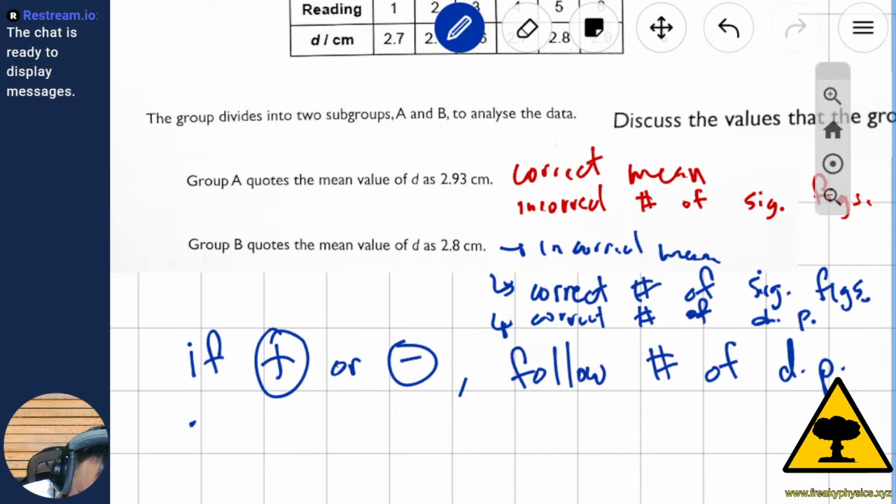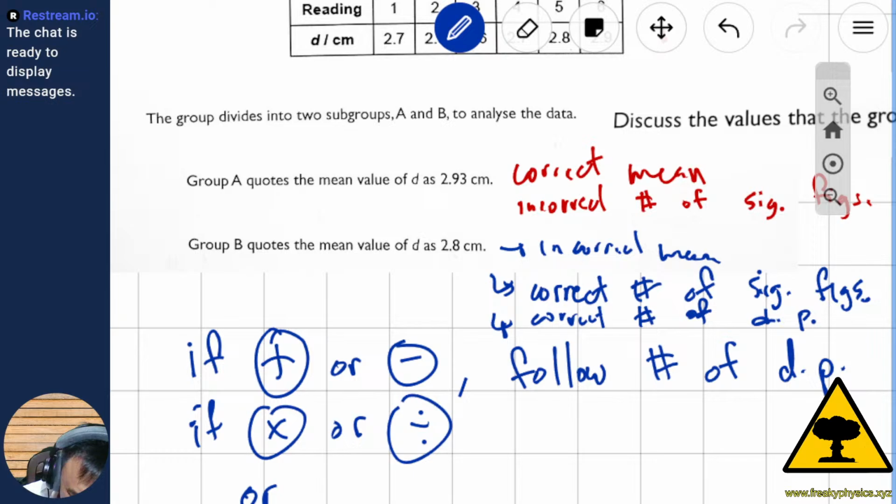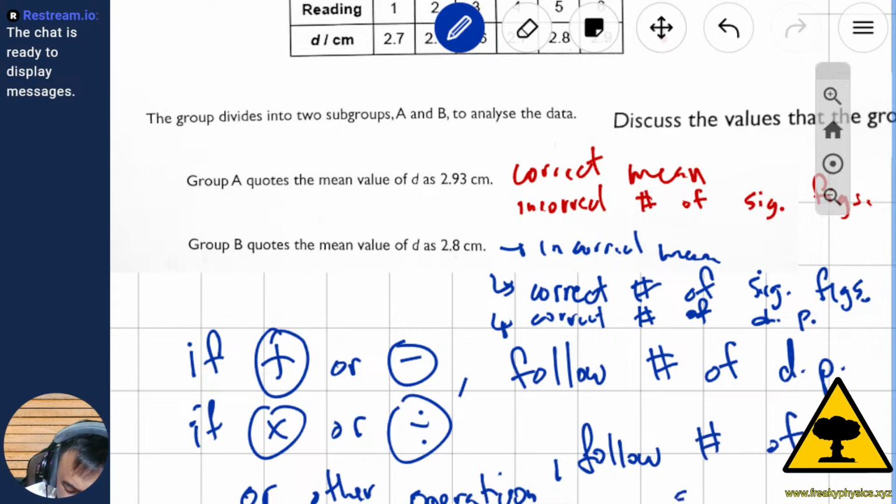Now, if multiplication or division or other operations, follow the number of sig figs.